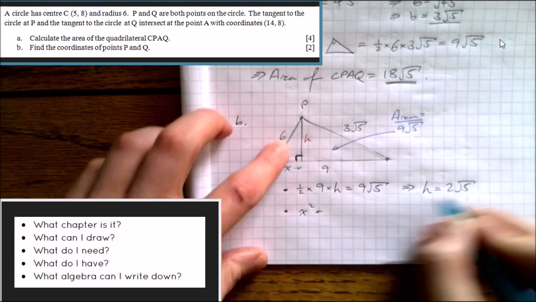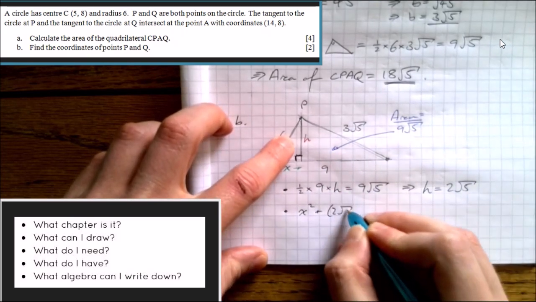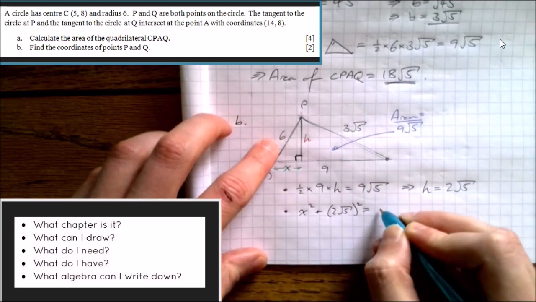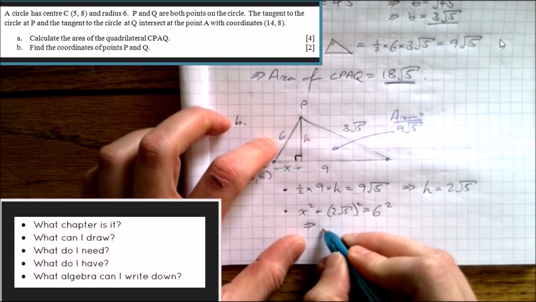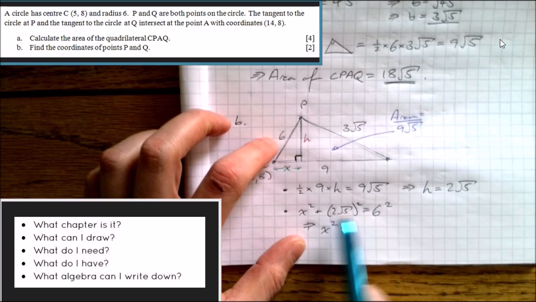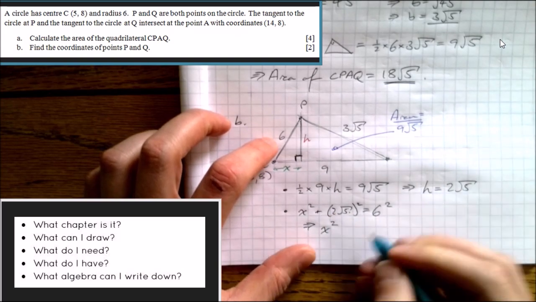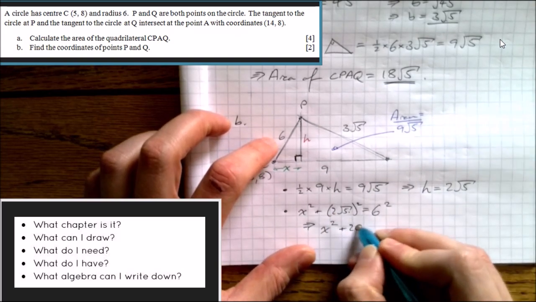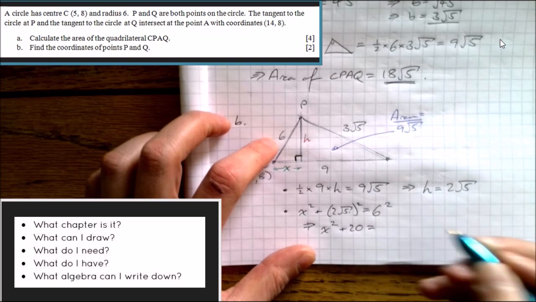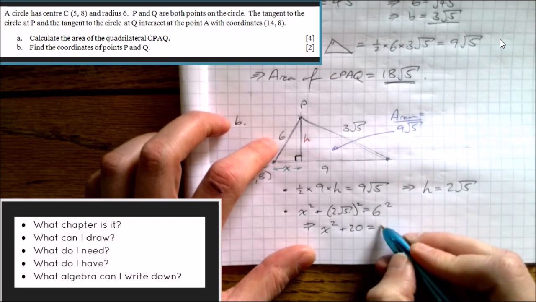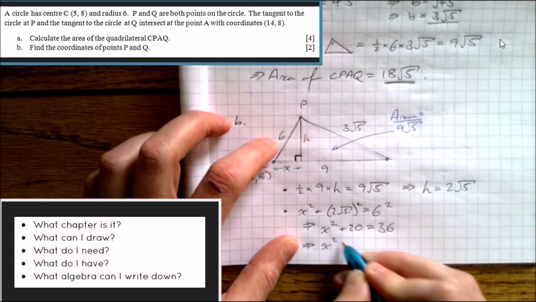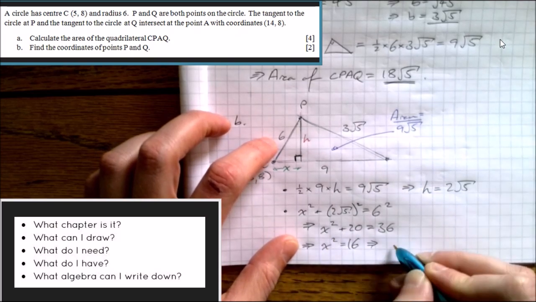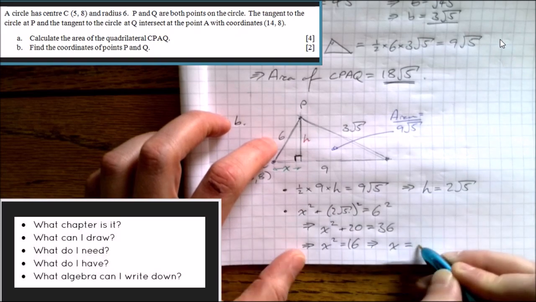X squared add h squared equals 6 squared. 4 times 5, that's 20. X squared add 20 equals, oh, this is going to be so nice, equals 36. X squared equals 16, so x is 4.